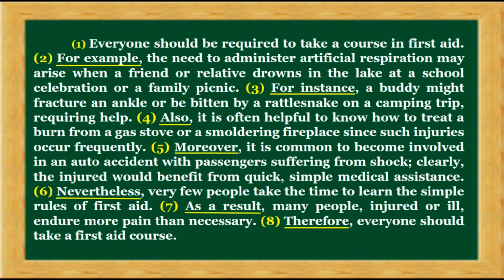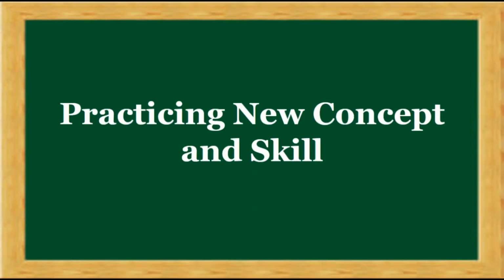One way to avoid using too many transition words and phrases is by using clear pronoun reference, repeating keywords or their synonyms, and using parallel grammatical structure. Those three other techniques which contribute to a paragraph's coherence will be discussed in the succeeding parts of the lesson. Now, let's answer the practice exercise.